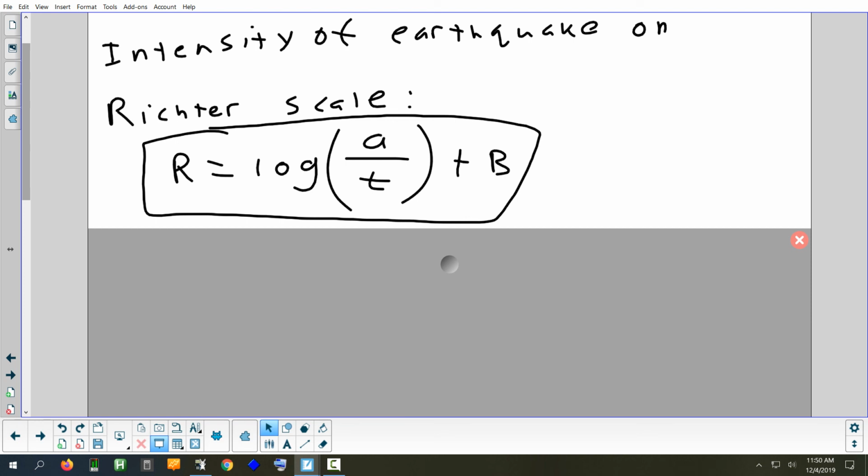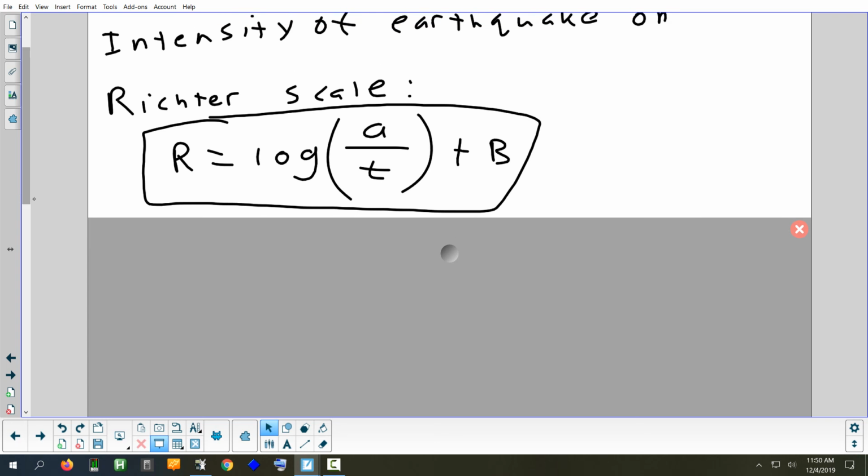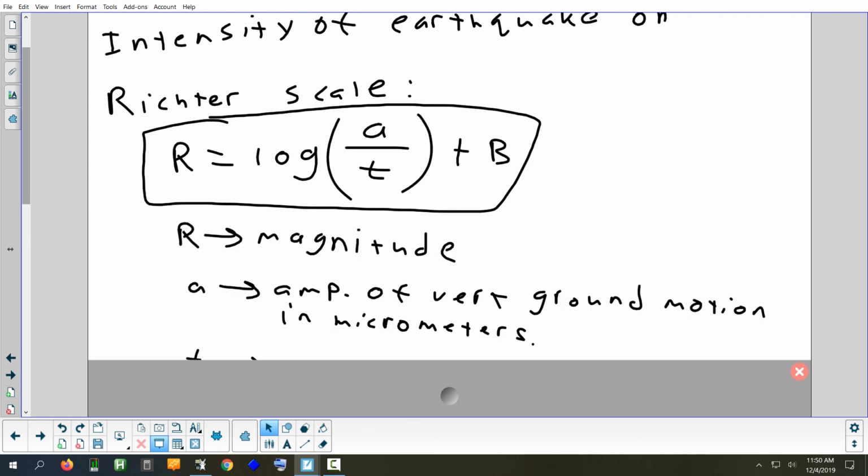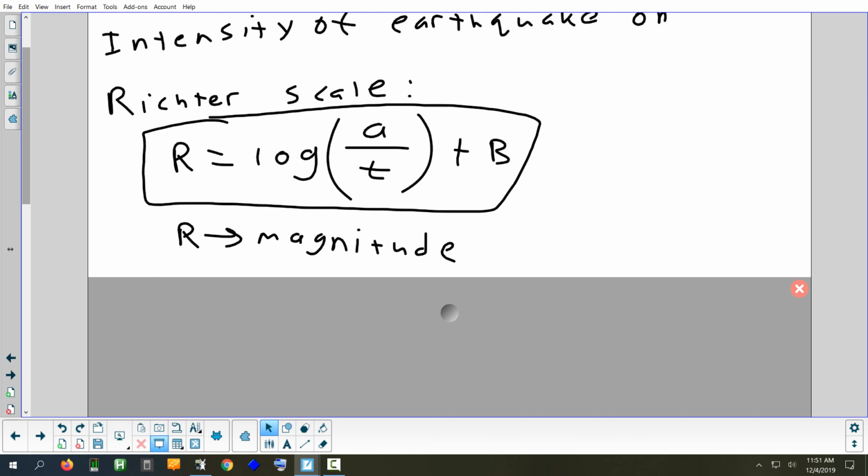Okay, so it measures how powerful an earthquake is. And this formula has 3 variables that you need to fill in to find the intensity of an earthquake on the Richter scale. Okay, R is the magnitude. That's the number when you hear the news that they describe how powerful the earthquake was.